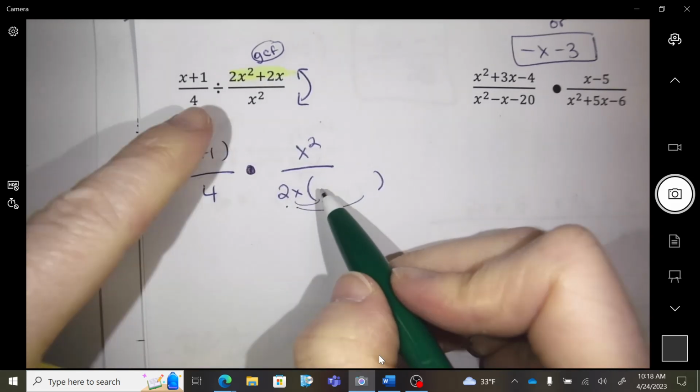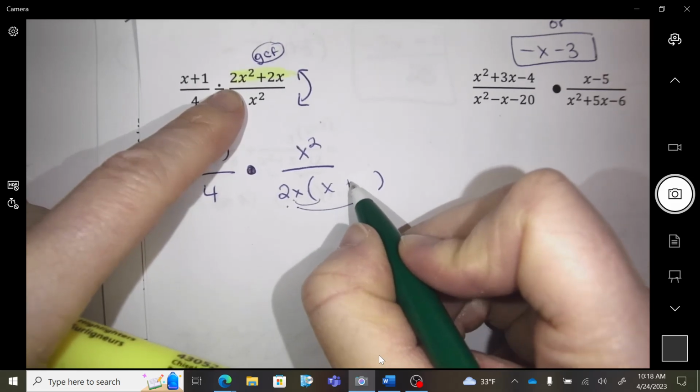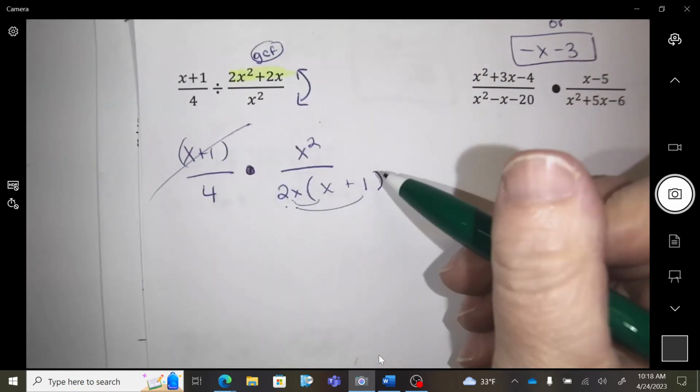So 2x times x, 2x times 1. Okay, once it's done factoring, then you look for cancels. Do you have anything on a top bottom that could be reduced? x plus 1.